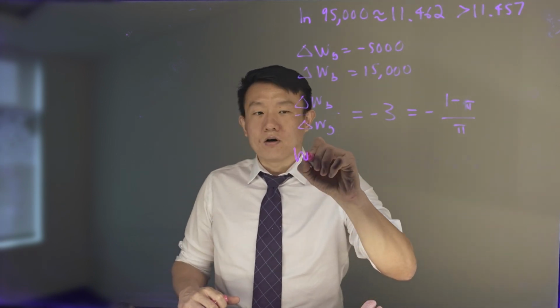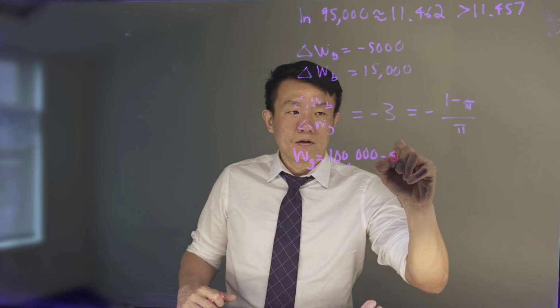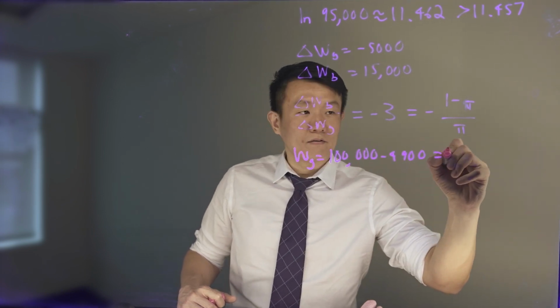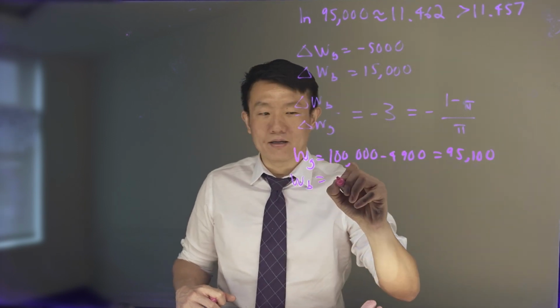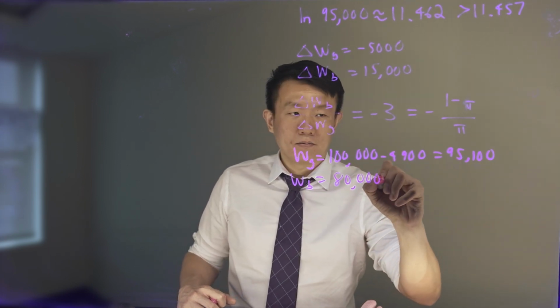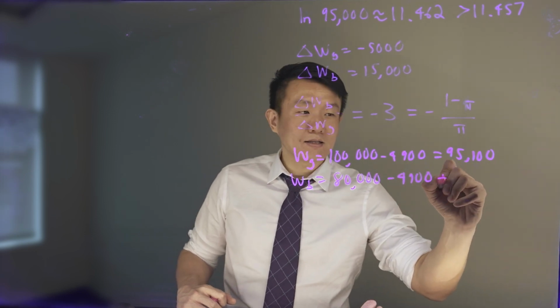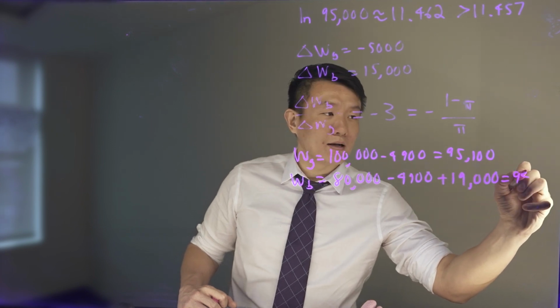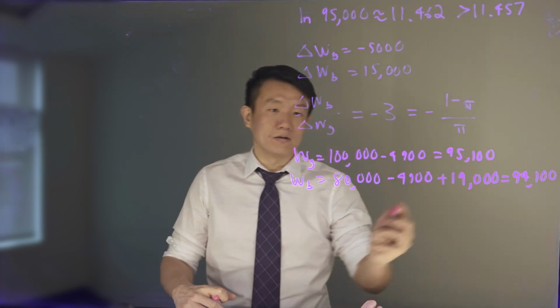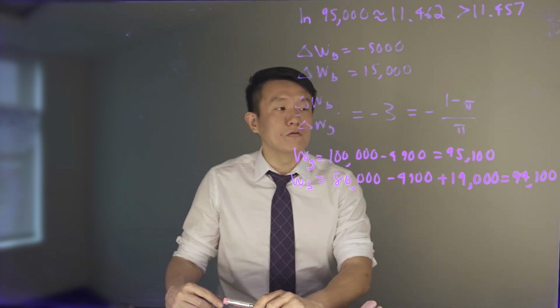That's going to give us a wealth in the good state of 95.1 and a wealth in the bad state. So the plan only covers 19,000 of the loss as opposed to 20,000. The wealth in the bad state will be 94.1. So this insurance plan doesn't fully remove the risk.